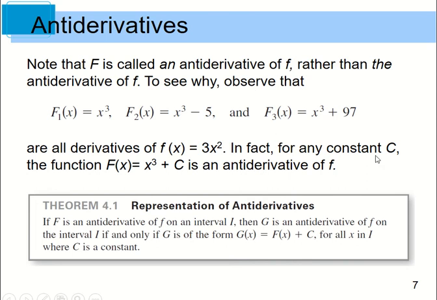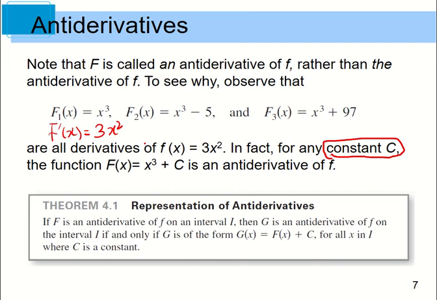Now, why do we have to add back the constant c? Let's take a look at this example. We have three functions here. The first function, x to the power of 3, after differentiation gives 3x squared.